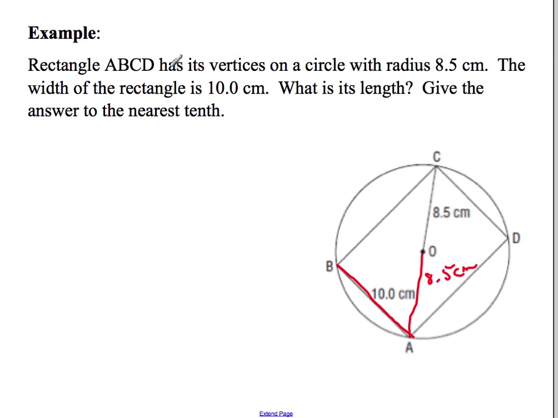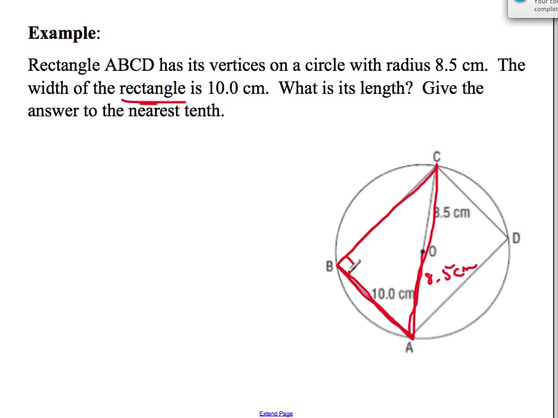Now, the word rectangle kind of gives it away because you have to have a 90-degree angle, but I'm going to show how this ties into this lesson. Because of this right here, CA is a diameter, and this angle right here is subtended by the diameter. It starts and finishes on the diameter. So this has to be a 90-degree angle, and that's one of the properties.